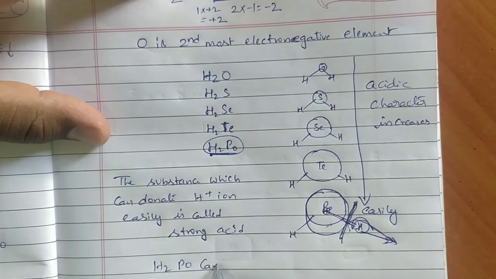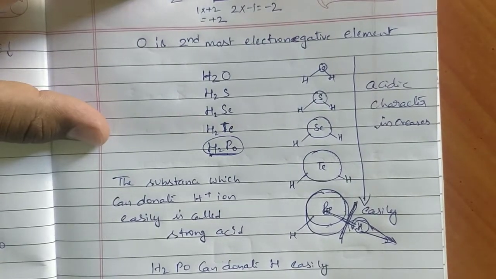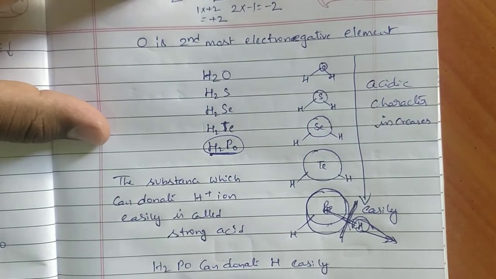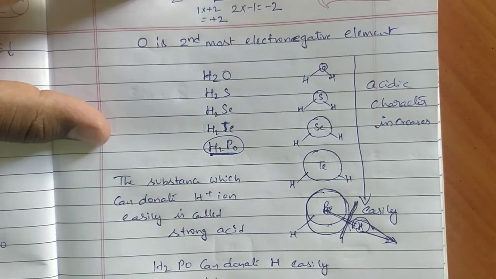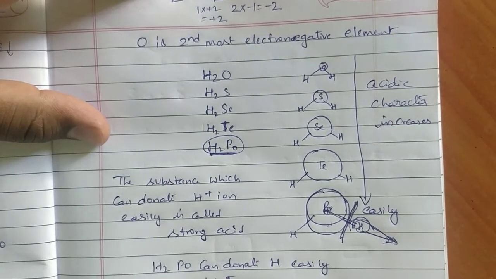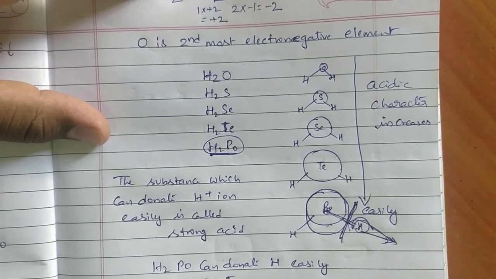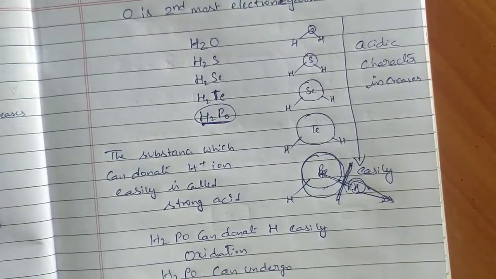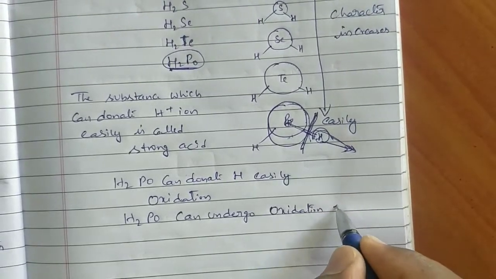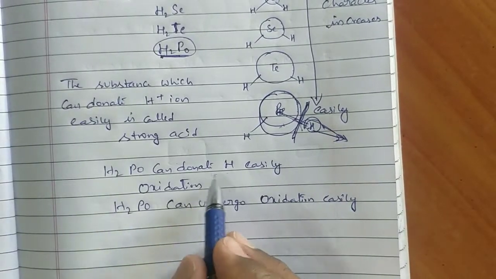H2Po can donate hydrogen easily. Losing of hydrogen is called oxidation. That means H2Po can undergo oxidation easily.